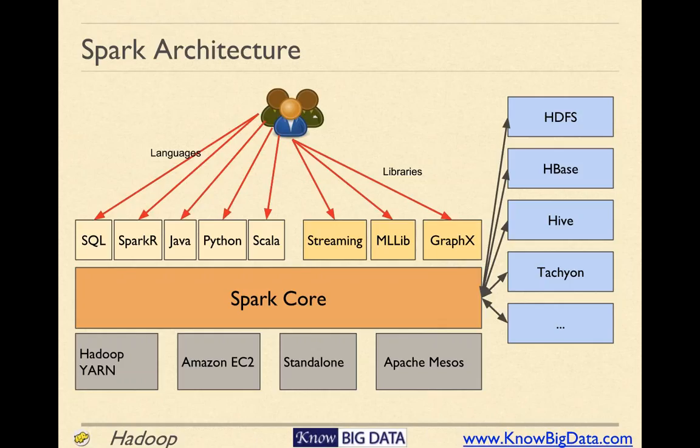The way we interacted with MapReduce via Pig, via Hive, and some more tools, in the same way, users can talk to Spark via SQL, via Spark R, via Java, via Python, and Scala. All right, and so these are the various languages with which users can talk to Spark.